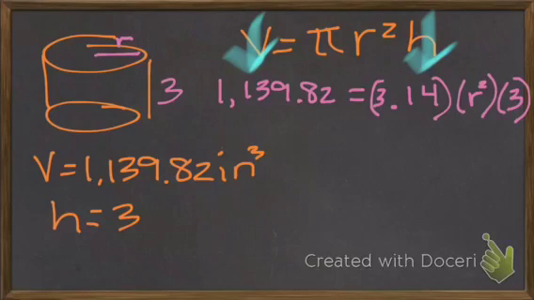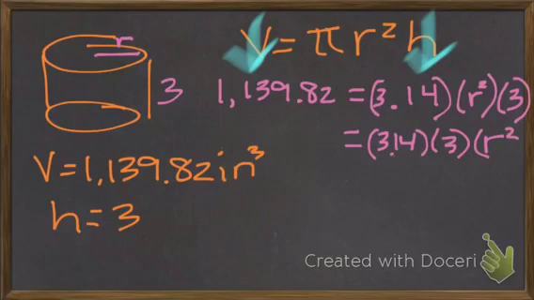Okay, now I'm going to do my multiplication in a different order here. I'm going to do 3.14 times 3. Then I've got my R squared. 3.14 times 3 gives me 9 and 42 hundredths.